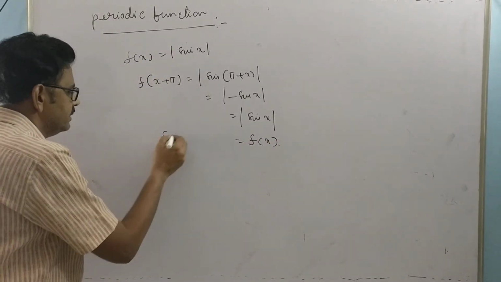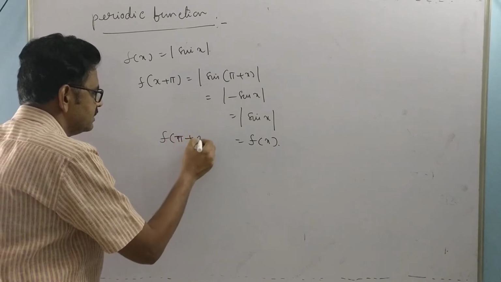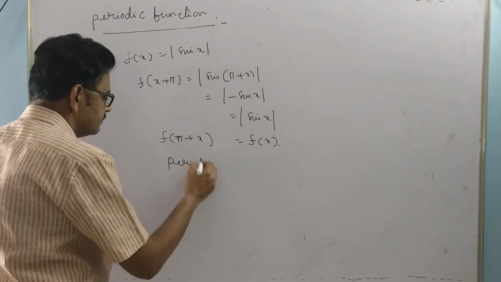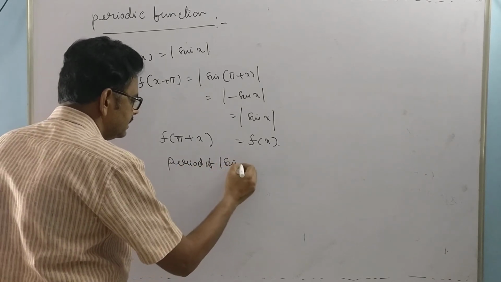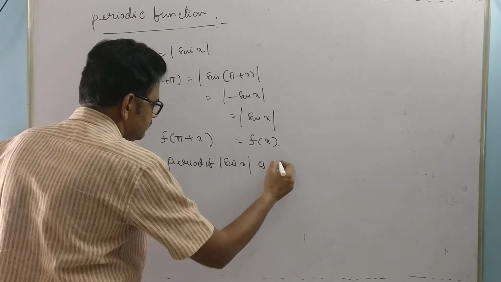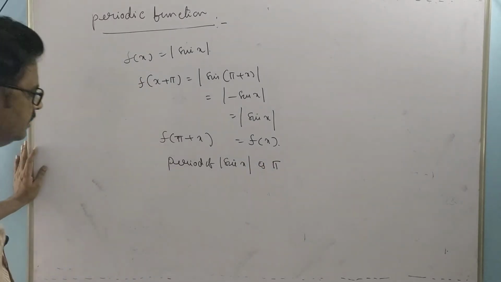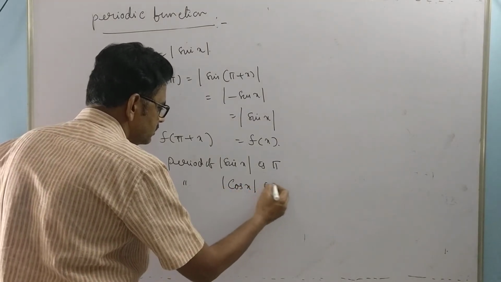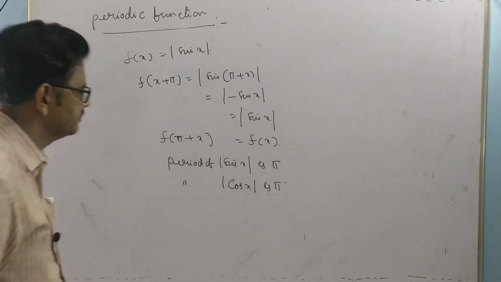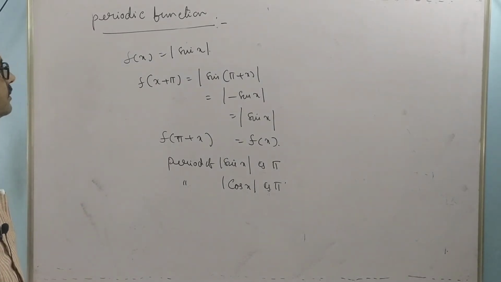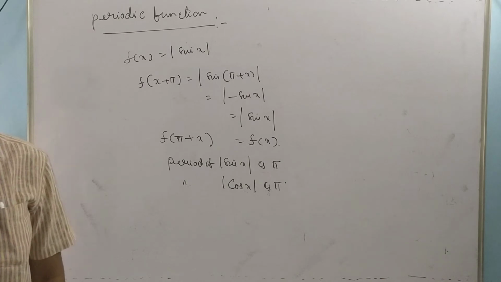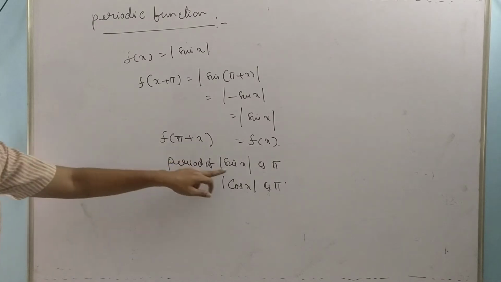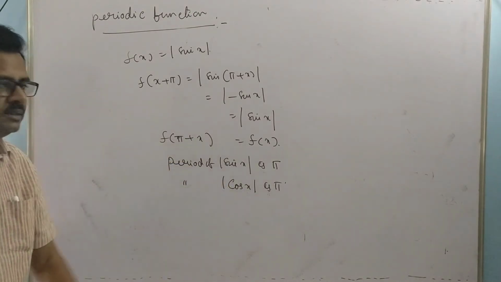So f of pi plus x is equal to f of x. Therefore, the period of mod sin x is pi. Similarly, the period of mod cos x is also pi.